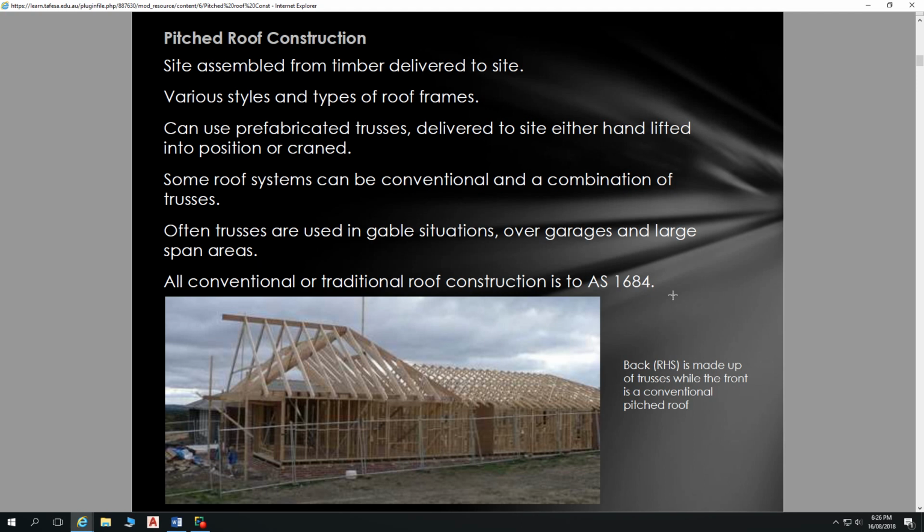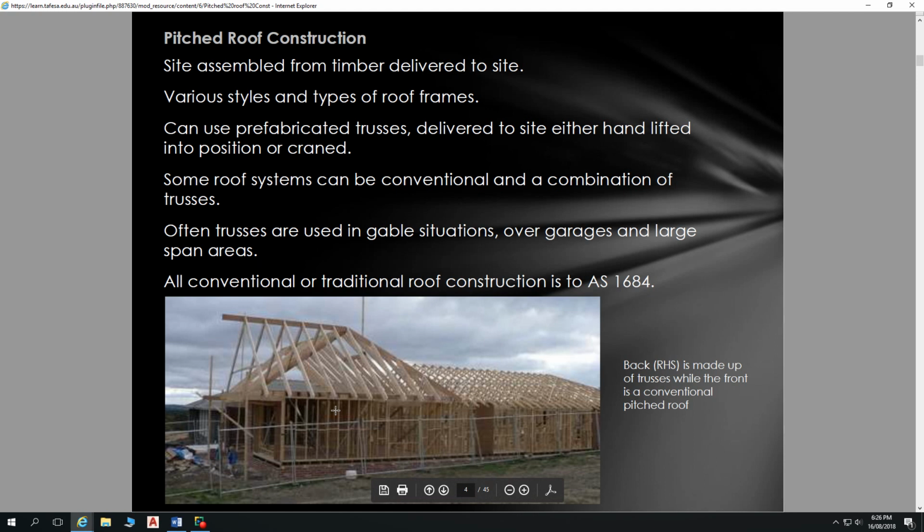That does not fit in with AS 1684. 1684 has its limitations. We can't do a roof pitch greater than 35 degrees, so it tops out at 35 degrees. We can't have a wall height greater than 3 meters. They're the two major constraints with AS 1684.